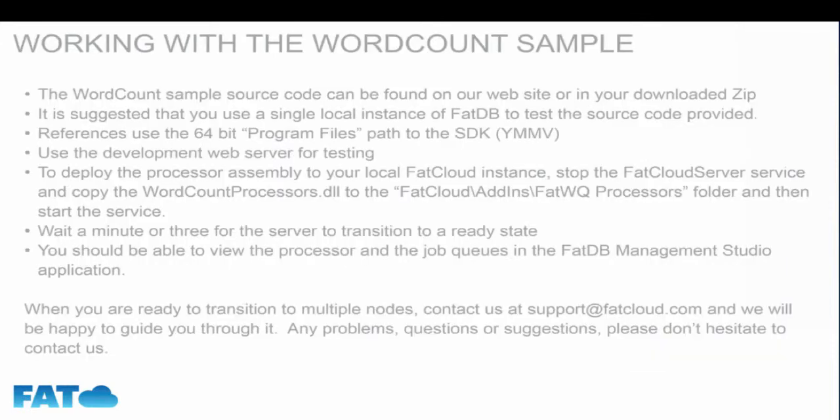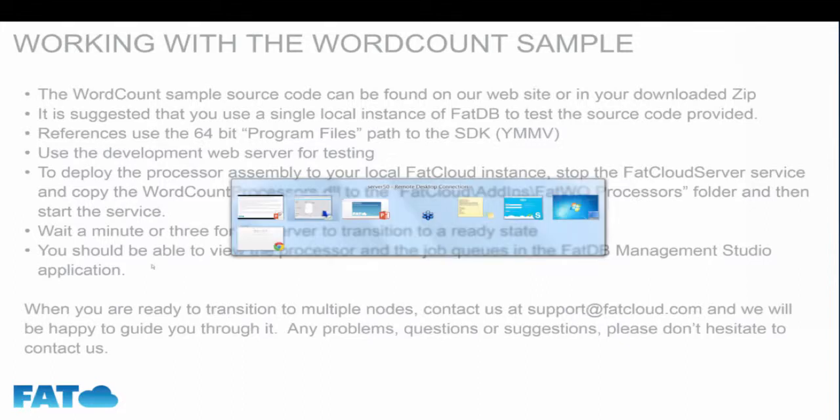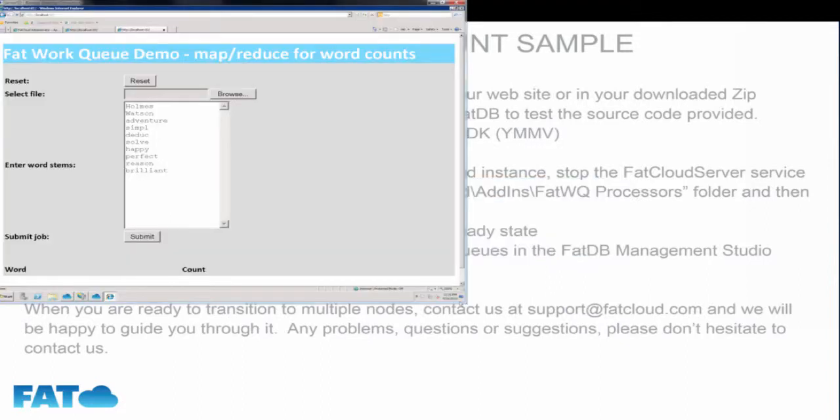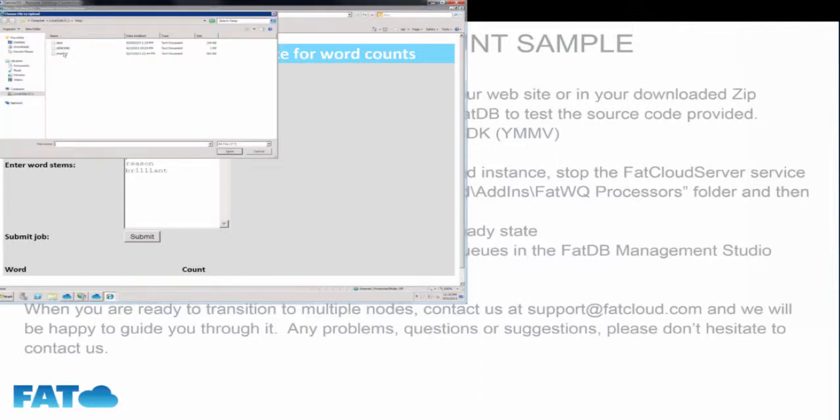So before we discuss actually working with the word count sample, let me hop on over to the FatDB.net page that I was discussing. This is running on a remote cluster, and the file that we're going to be reducing now is called Sherlock.txt.